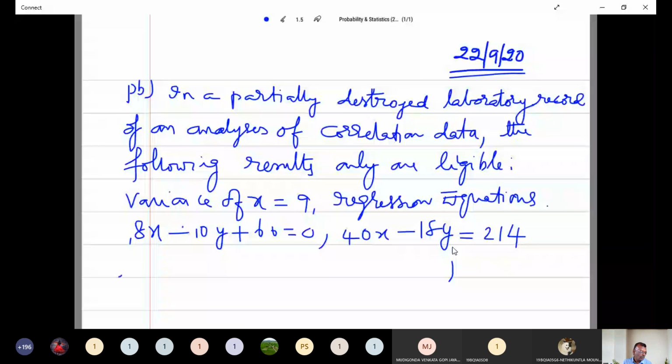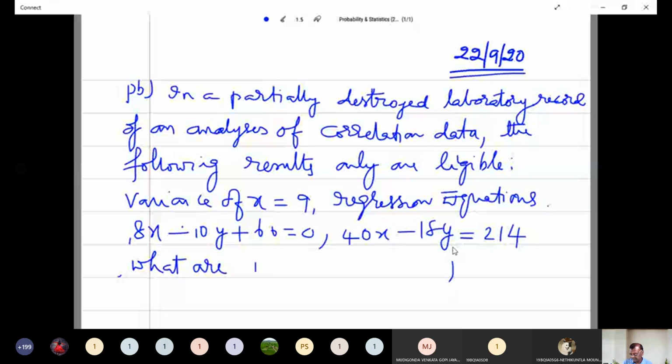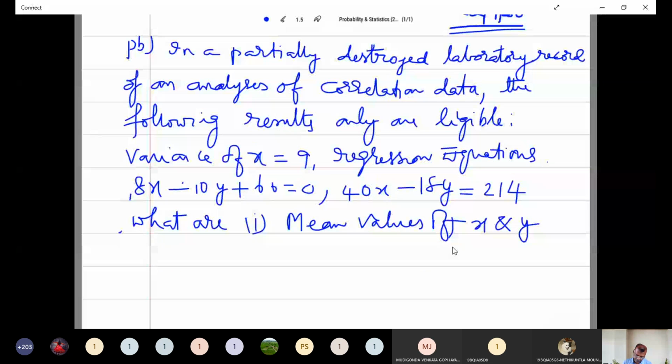Now, what are number 1, the mean values of x and y? Number 2, the correlation coefficient between x and y.